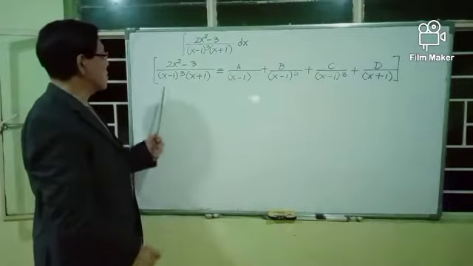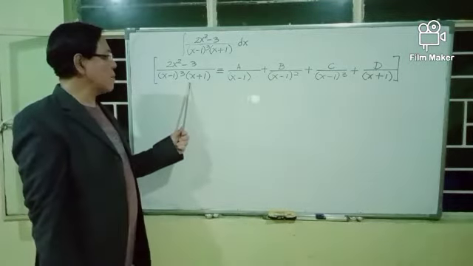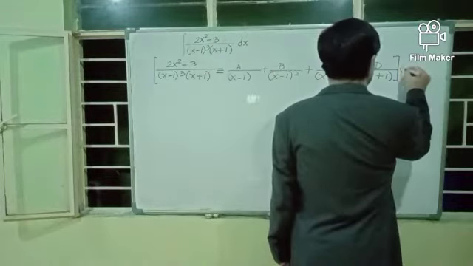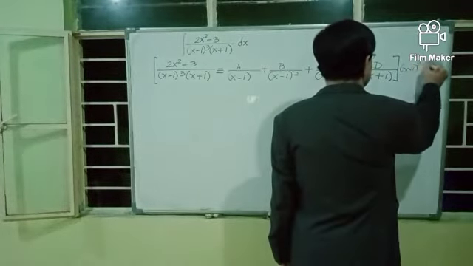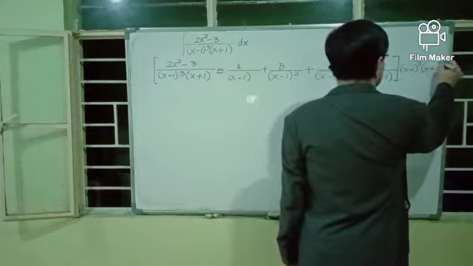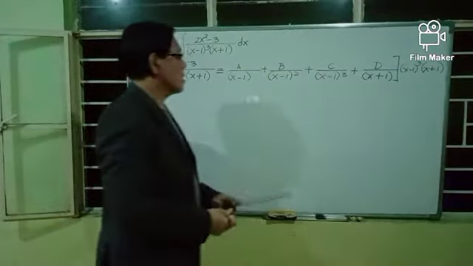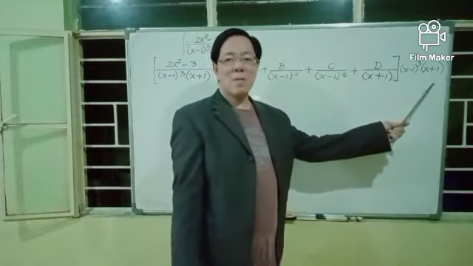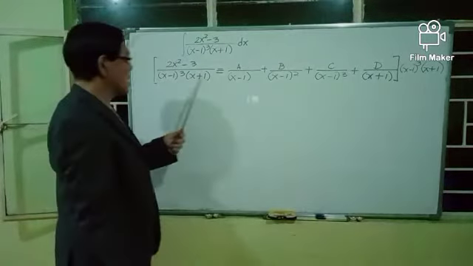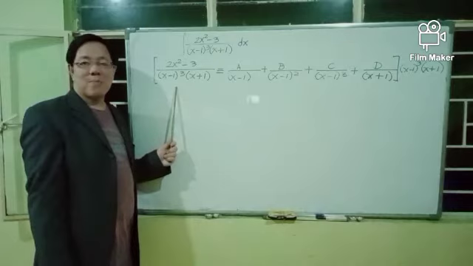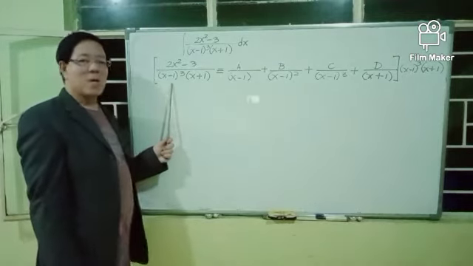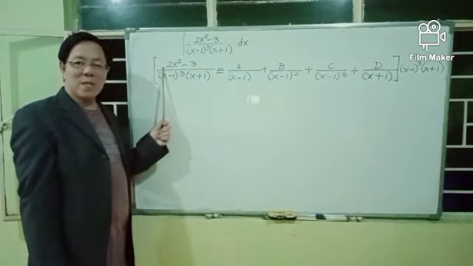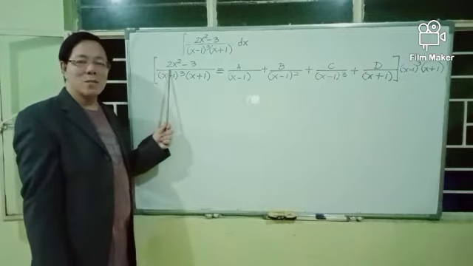The LCD will be x minus 1 cubed multiplied by x plus 1. If you multiply the left-hand side by x minus 1 cubed times x plus 1, that will cancel out with the denominator at the left-hand side, x minus 1 cubed times x plus 1. And what will be left at the left-hand side is 2x squared minus 3.